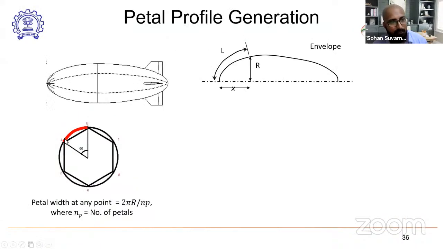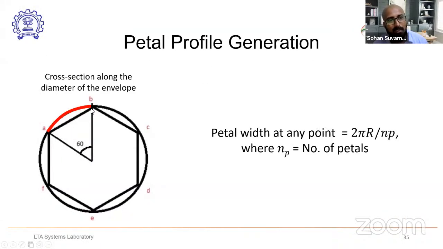Now this red line that you see is going to be the width of your petal. If you cut it from this point of view, you have this curved surface, and if you spread it across, it would be the width of the petal.